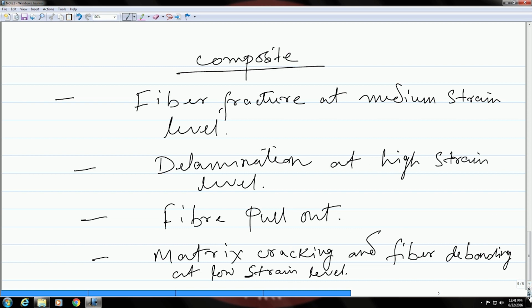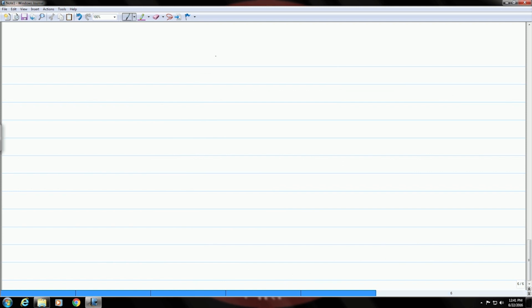Then if you have a system like concrete, there also you have those reinforcing bars which reinforce the concrete. Okay. So, those reinforcing steel bars we all have seen. They are bonded to the rest of the concrete material.